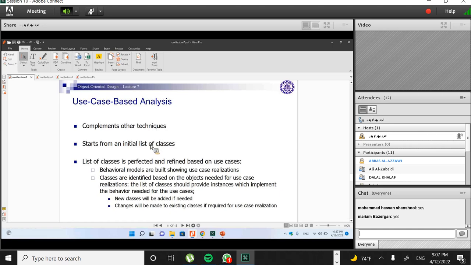Start from an initial list of classes from the previous two techniques.